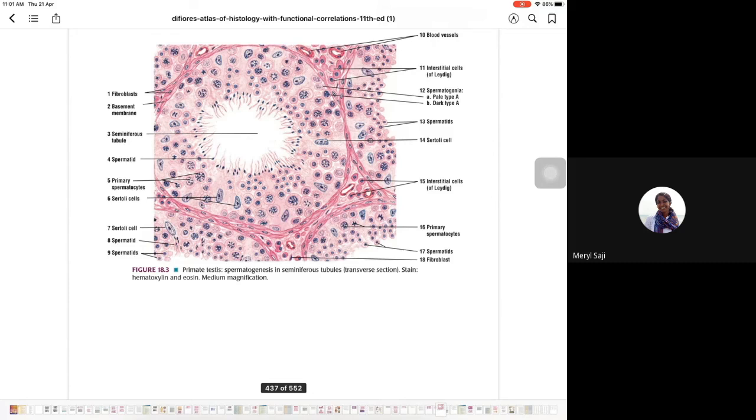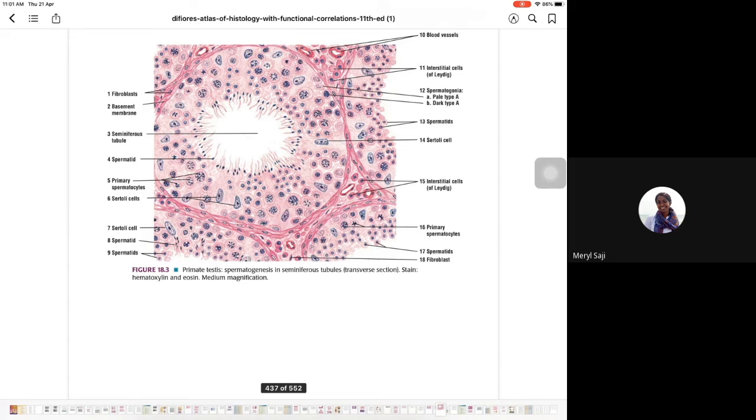Then on the right side, blood vessels, interstitial cells of Leydig, and spermatogonia, two types, pale type A and dark type A. Again spermatids, Sertoli cell, interstitial cells of Leydig, primary spermatocytes, spermatids, and fibroblasts.